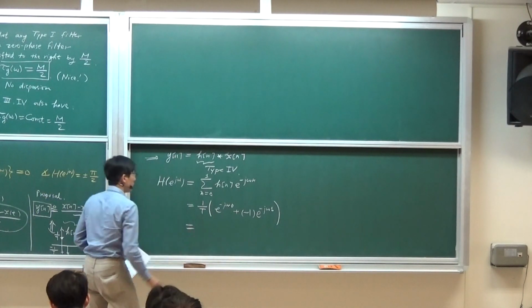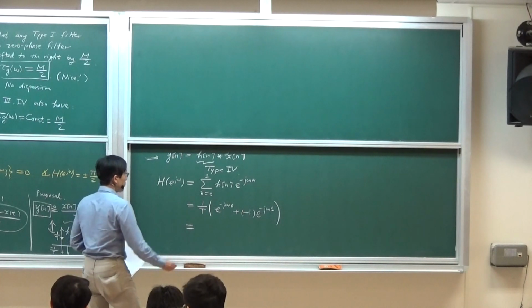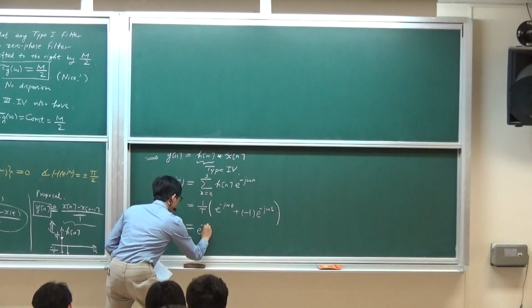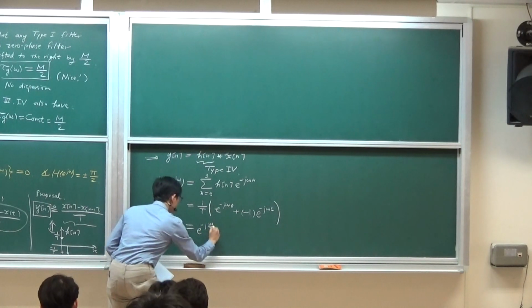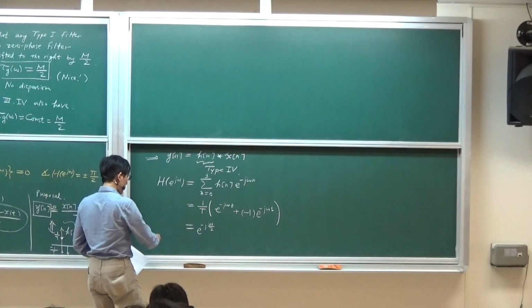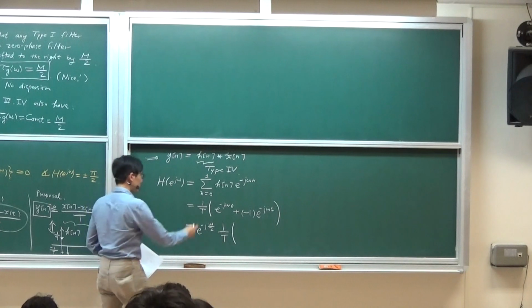And here, we further pull out e to the minus j omega divided by 2. Let's pull out this factor, and there's a reason why I do this. 1 over t is still here.